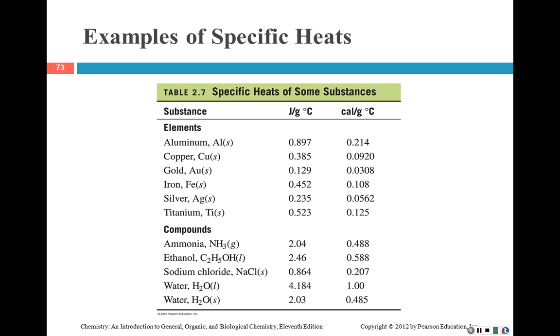Notice water has a very high specific heat. That is that it allows it to absorb a lot of heat, which is good for us in our bodies because it absorbs the heat that we produce when we're producing reactions and heat, and then it holds it and then allows us to maintain our temperature. So it's a very important concept.